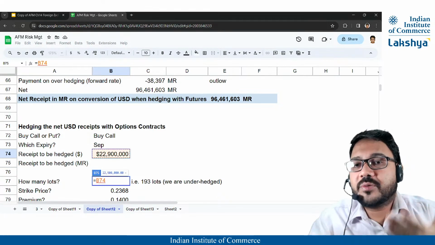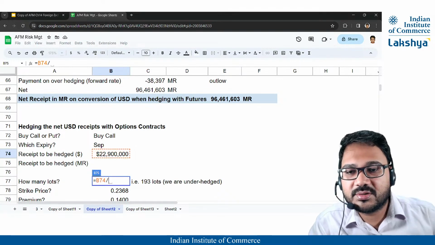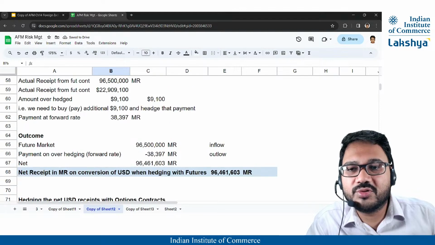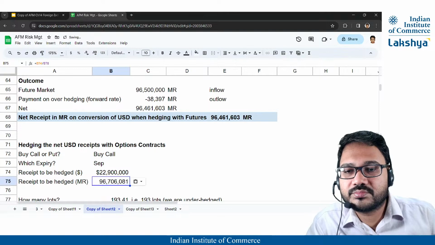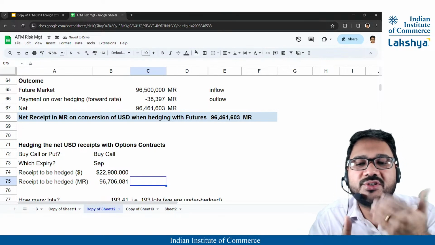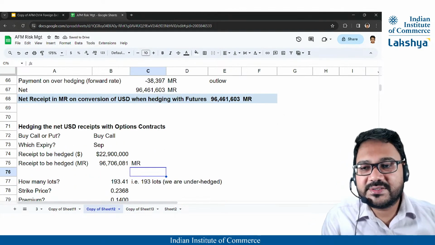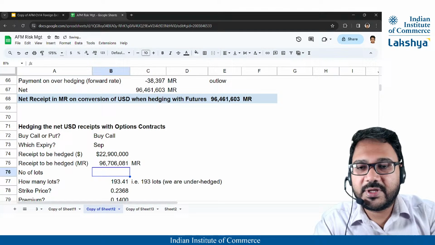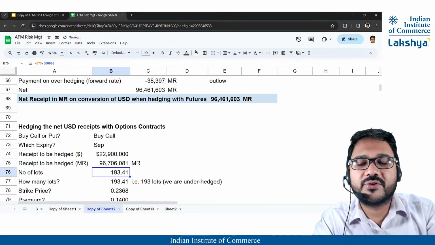If you use an option, at what price can you convert it? Obviously the strike price. If you get a better deal, great, but otherwise this is the minimum you shall get. In the case of an option, you can't get less than this; you could get more but not less. So the number of lots: I have an exposure of this much, my standard lot size is 500,000, so 193.41. That's how we did it.